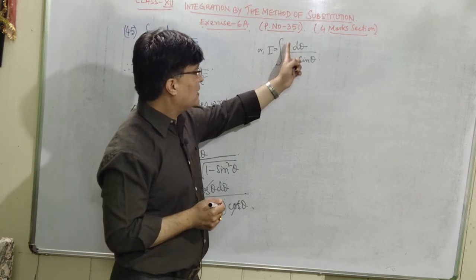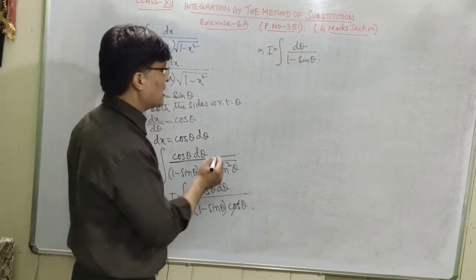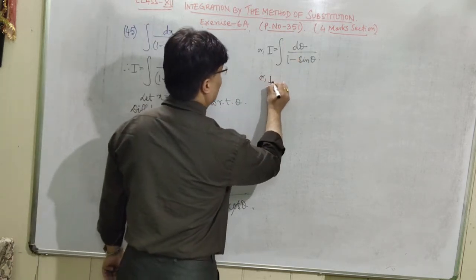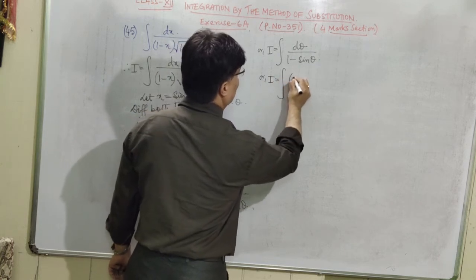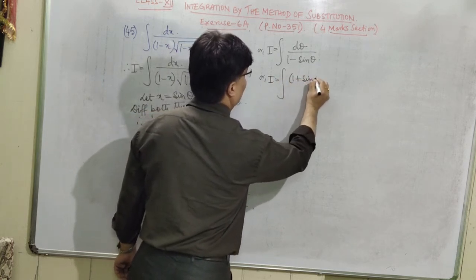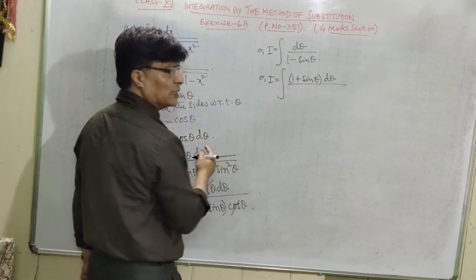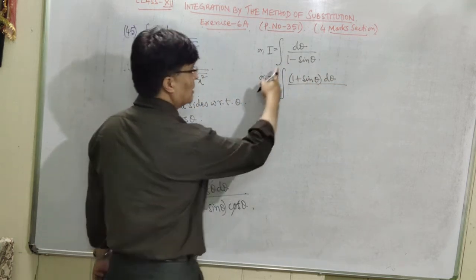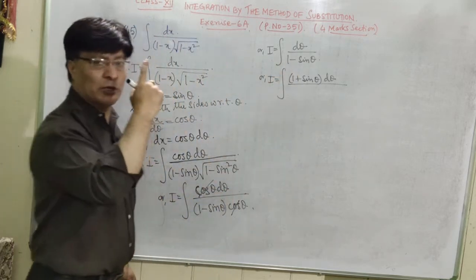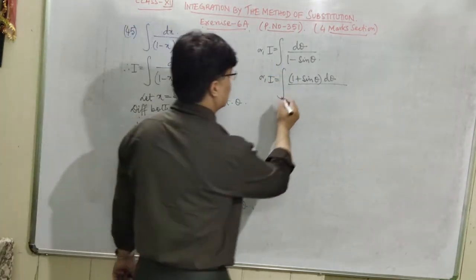You have to multiply it and divide it by what? 1 plus sine theta. So I is equal to integration of 1 plus sine theta. You have to multiply both the numerator and the denominator by the opposite sign, this minus, that is plus. If it is 1 minus sine theta, you have to multiply and divide it by 1 plus sine theta, right?